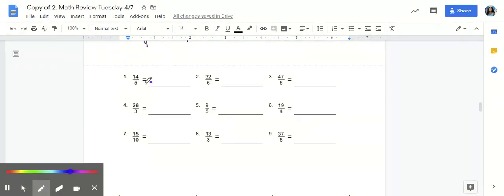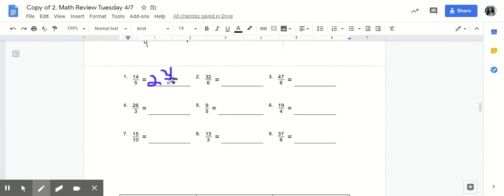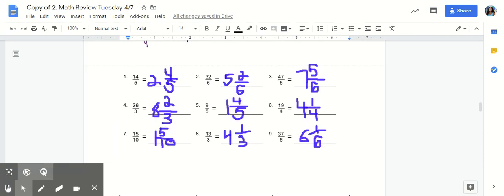So I have 4/5. 4/5 as a mixed number is going to be 2 and 4/5. There are all the equivalent fractions and fractions greater than 1 as mixed numbers.